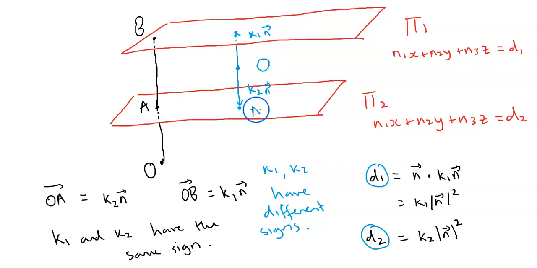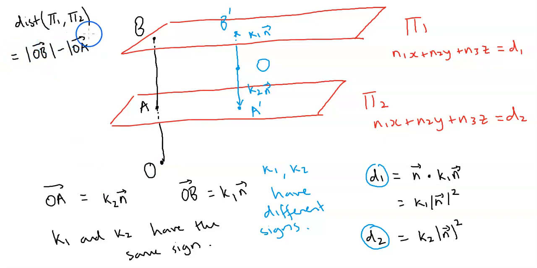I'm going to go ahead and call this point A prime and this point B prime. In the first situation, if we want to find the distance between pi1 and pi2, so this is the situation where the origin is on one side of both of the planes, then that's clearly just going to be equal to the length of OB minus the length of OA.